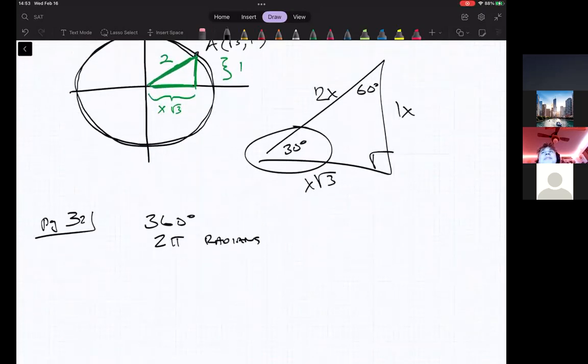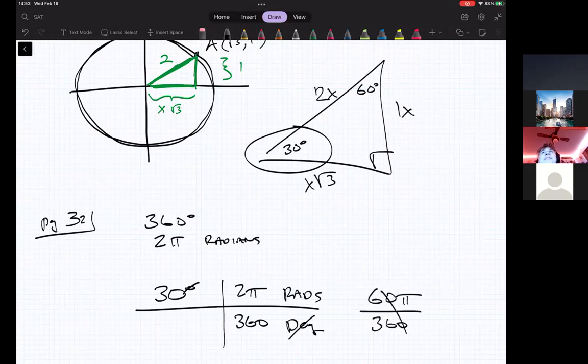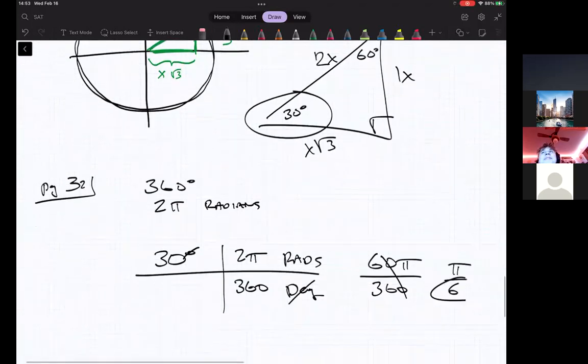So if you ever have to convert degrees to radians, and this applies to anything that's not on the unit circle as well, 30 degrees, I'm going to put degrees over here, I'm going to put radians over here. This is just simple dimensional analysis. 360 degrees is equal to 2 pi radians. You multiply across, the degrees cancel, 60 pi over 360. Zeros cancel, you're left with pi over 6. And the value of A is 6.